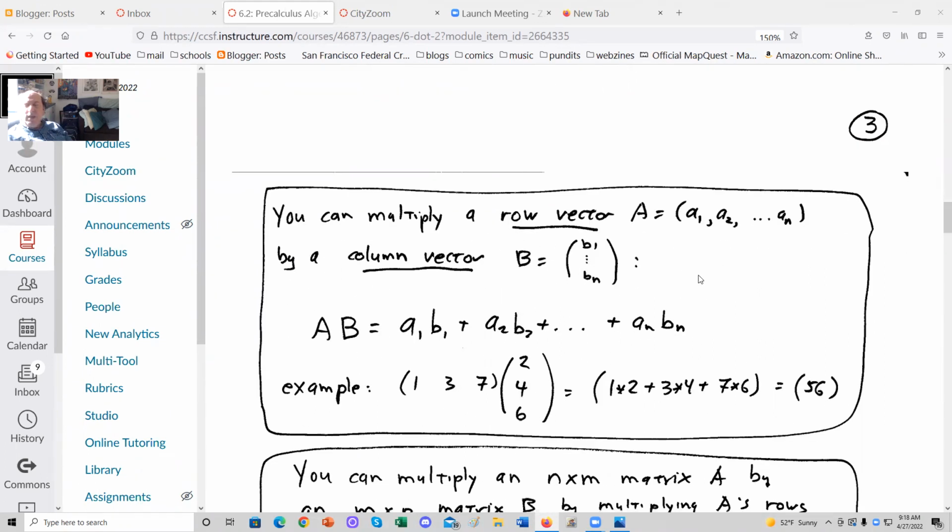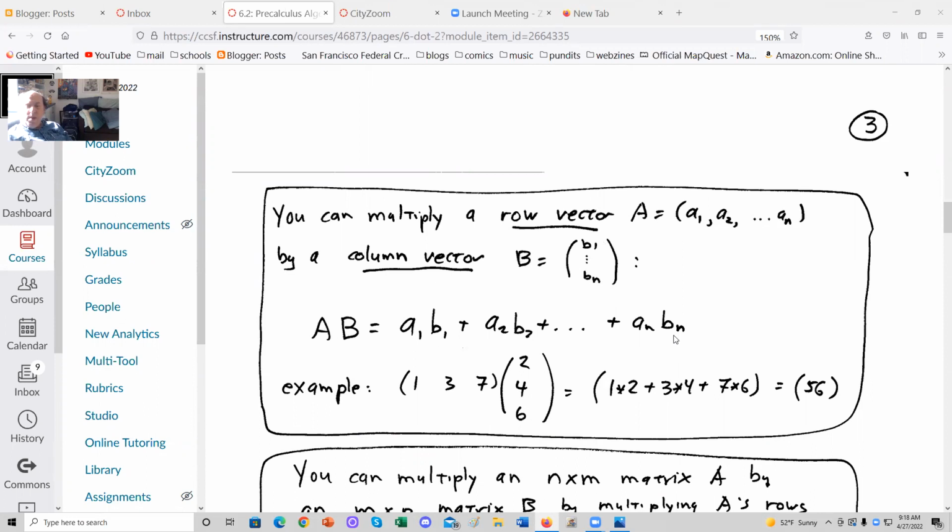We start with very specific matrices, a row vector, which is 1 by n, and a column vector, which is n by 1. You can multiply these two, provided these two n's are the same. This way, A times B is A1 B1 plus A2 B2 plus A3 B3 all the way down to An Bn.